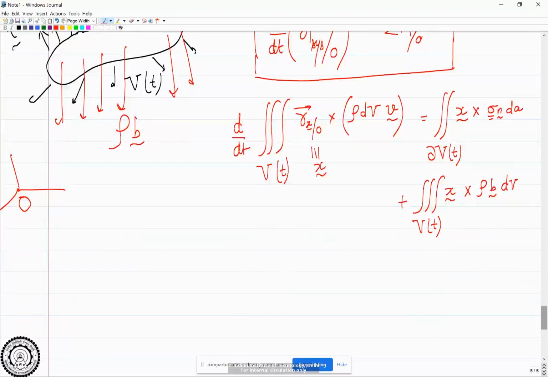Physically it's the same body force, but in Eulerian we say body force is force per unit deformed volume, and in Lagrangian it is force per unit undeformed volume. So now these two are different. Force per unit undeformed volume is not equal to force per unit deformed volume, right?